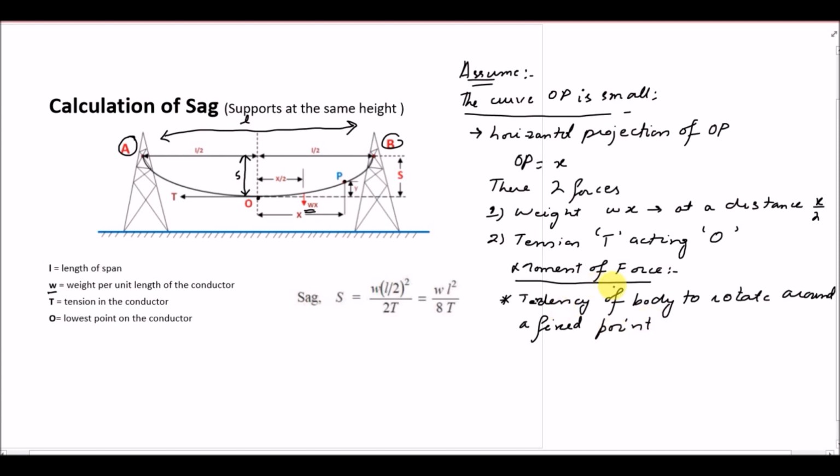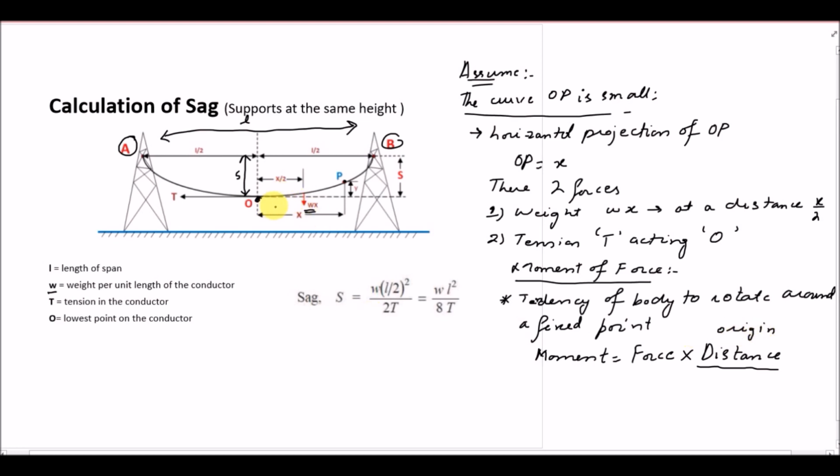So that is known as moment of force. And if I have to define its formula, moment is actually equal to force into distance. And this distance is actually from the origin, from some focal point, right?